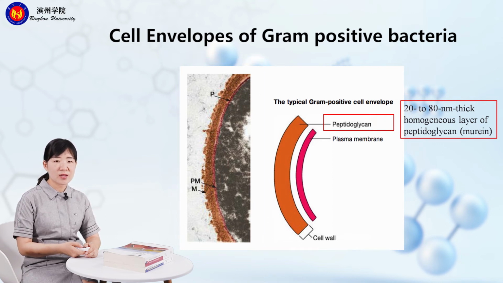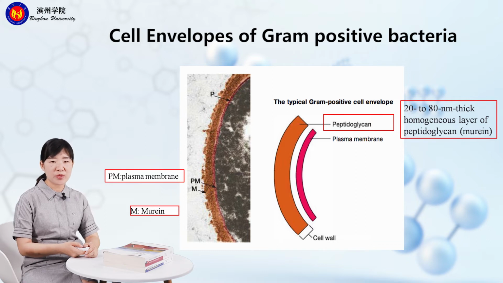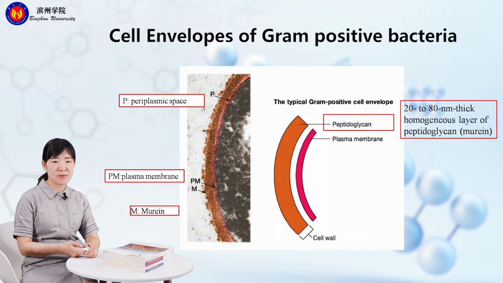You can see the thin brown layer is peptidoglycan, also called the M layer. The red line is the plasma membrane, the PM layer. The space between the M layer and PM layer is a narrow space. We call it the periplasmic space, marked P.